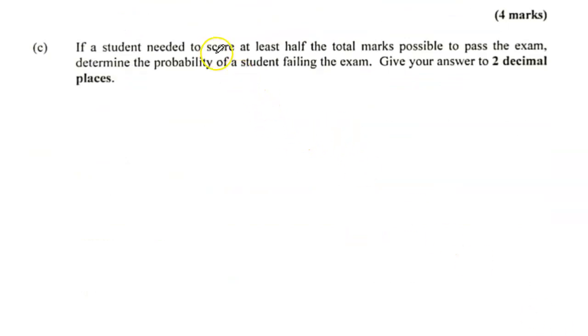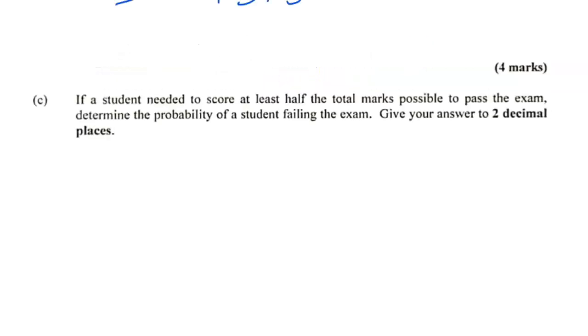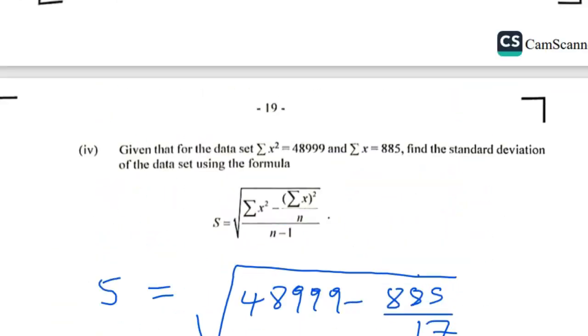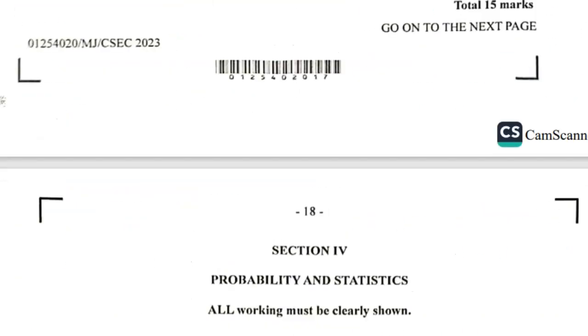If a student needs to score at least half the total marks possible to pass the exam, determine the probability of a student failing the exam, giving your answer to 2 decimal places. Remember, the test was scored out of 80. So if you get under 40, you will fail. Let's go back to the data.